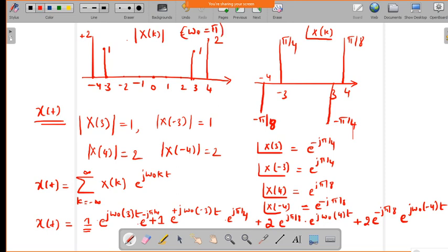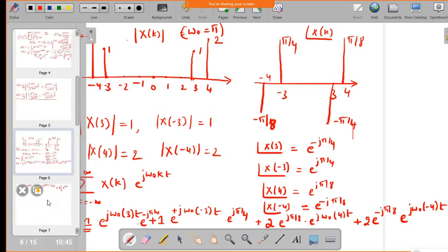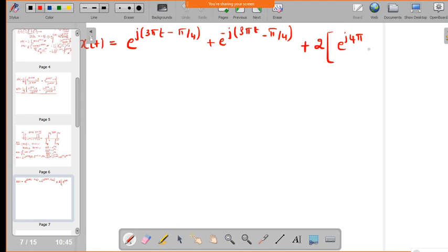With that omega naught we will get this expression, which is equal to e power j 4 pi t plus pi by 8, plus e power minus j 4 pi t plus pi by 8.